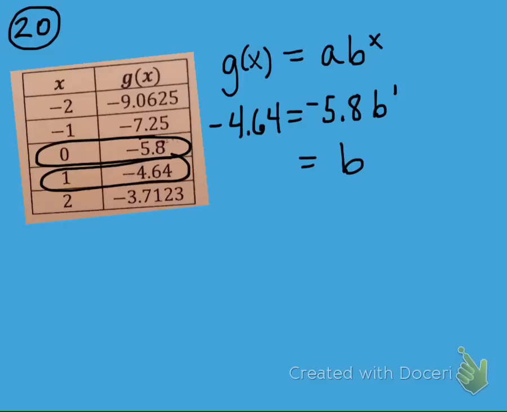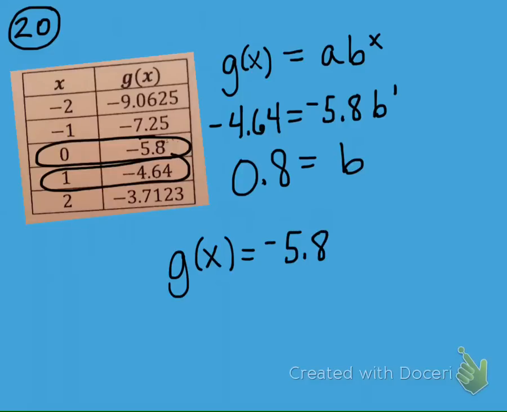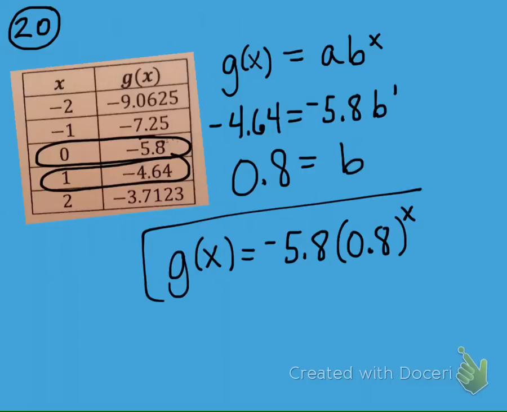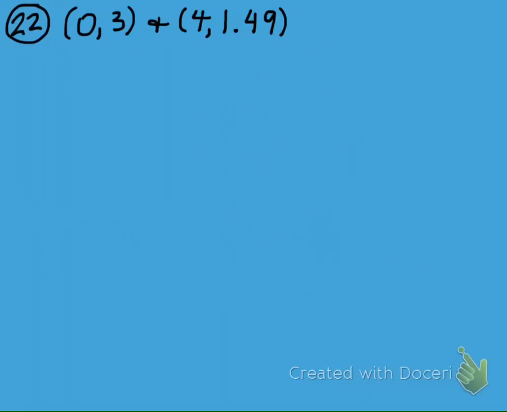And when you divide negative 4.64 by negative 5.8, you get a surprisingly attractive number of 0.8, nice and clean. So we're ready to write our final answer for g of x, because we know that our a was negative 5.8, our b is 0.8, and we stick the x exponent up there, and we're finished with number 20.